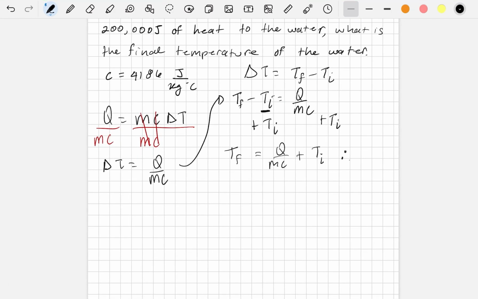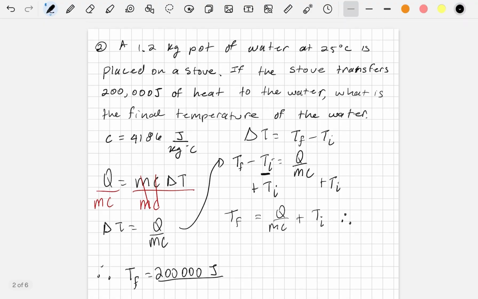So I'm going to just plug in everything that I have. I know that Q is equal to 200,000 joules.